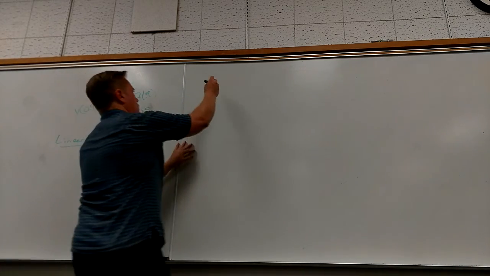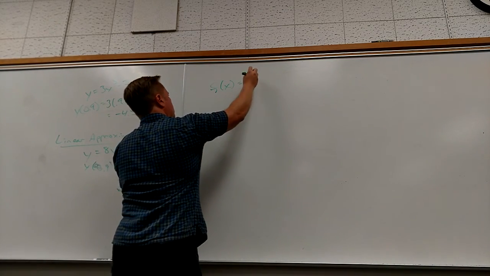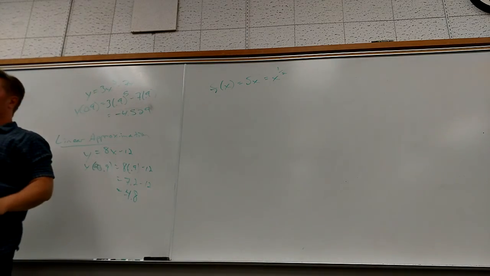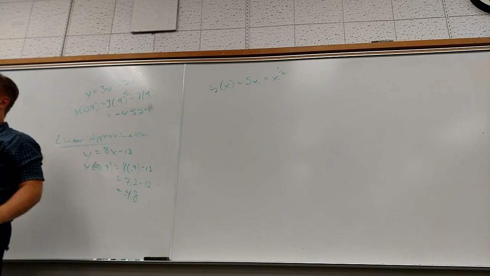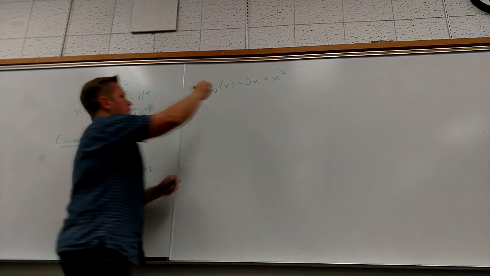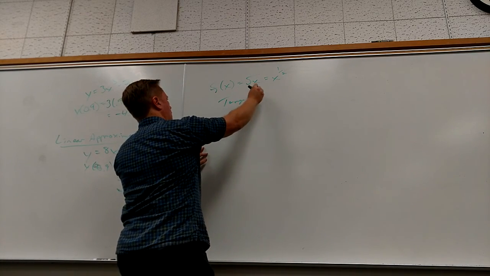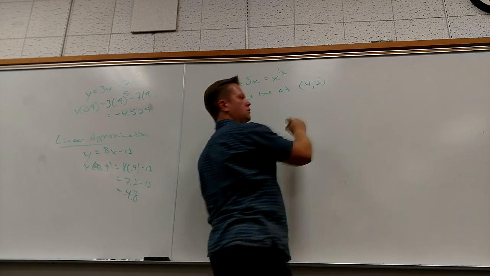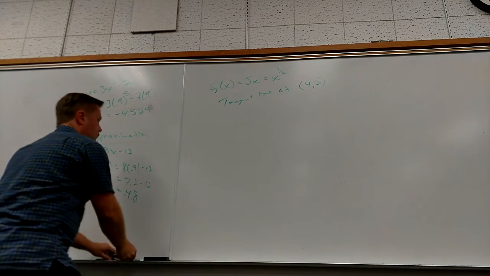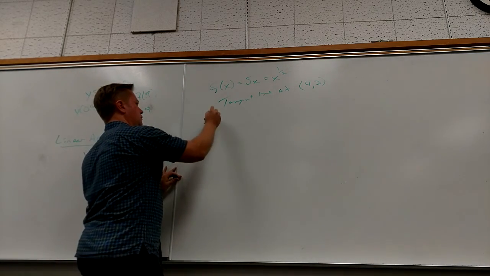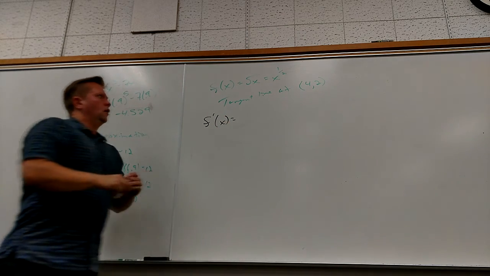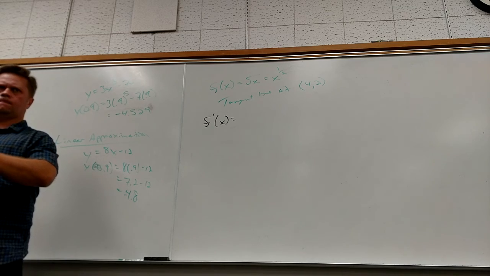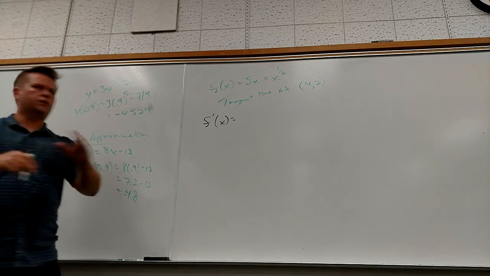Let's do this: f of x equals the square root of x. I want to find the tangent line at (4, 2). I'm going to do this with you. What do you get when you take the derivative?